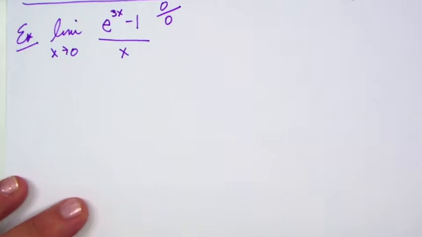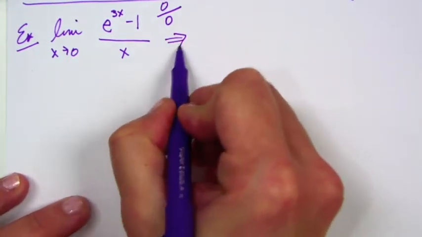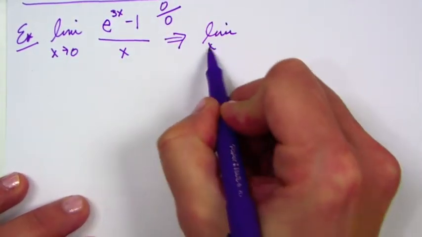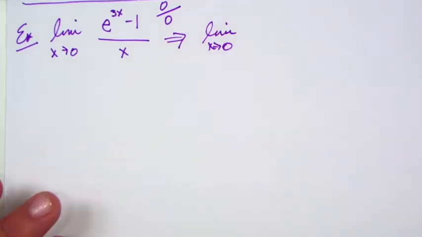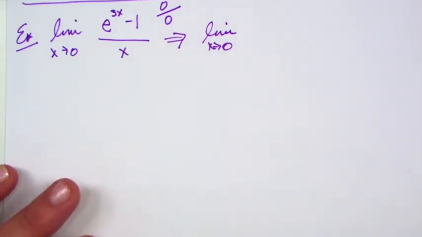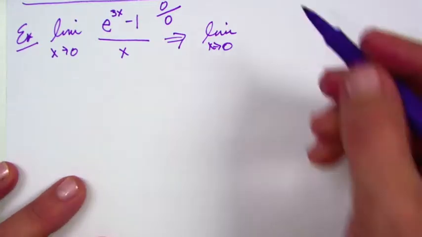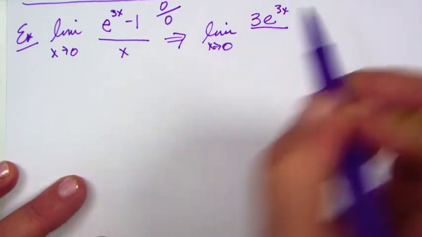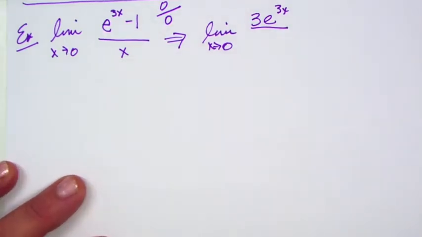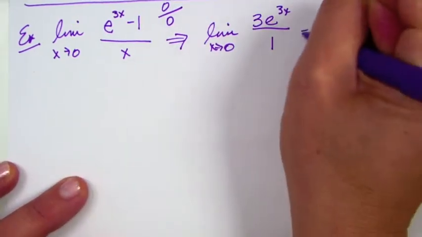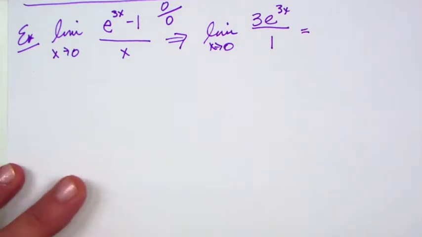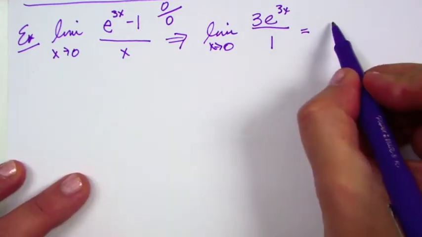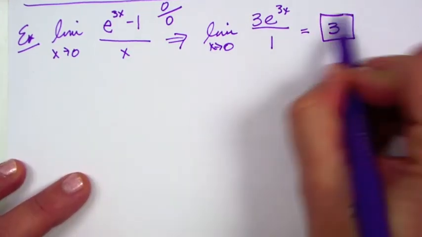Right? That tells me that I can do L'Hopital's rule. So I'm going to have the limit as x approaches 0 of, what is the derivative of the numerator? 3e to the 3x over, what is the derivative of the denominator? 1. Can you plug in now? Yes, and what do you get as your answer? 3.